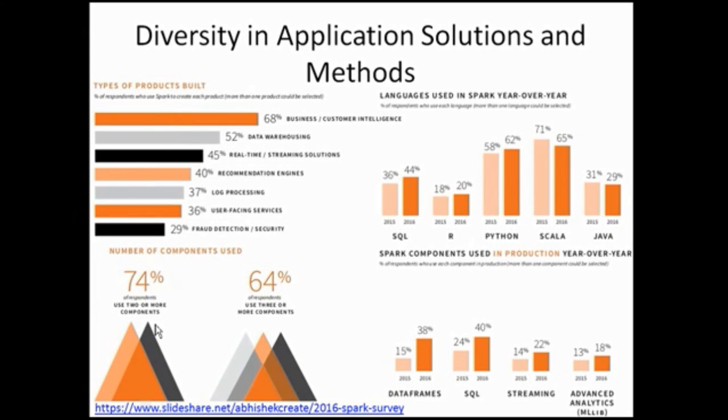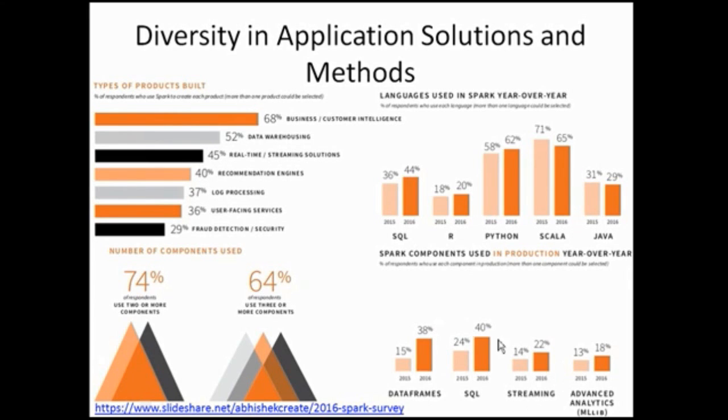And then this is the trend of the diversity in the core Spark API and how many people use which programming language. And this is the high-level APIs with data frame, Spark SQL, and streaming. So this is the trend of just going up in general.